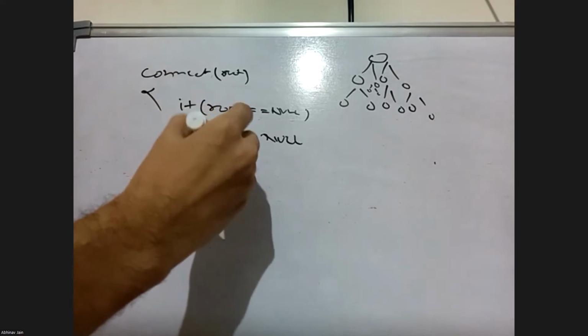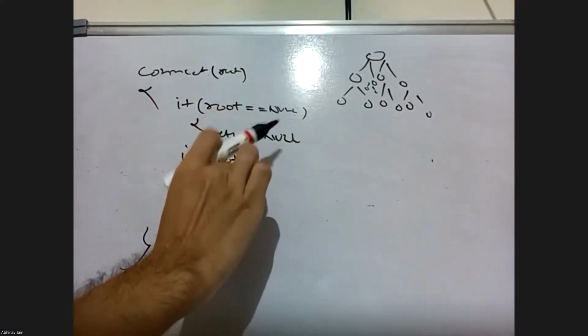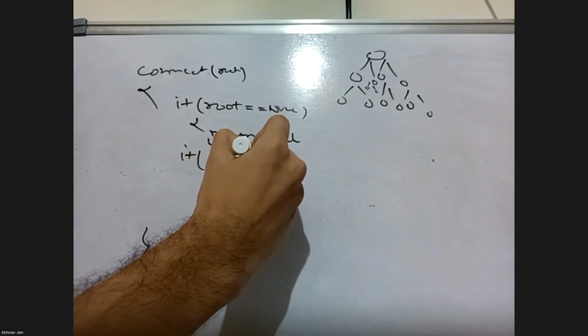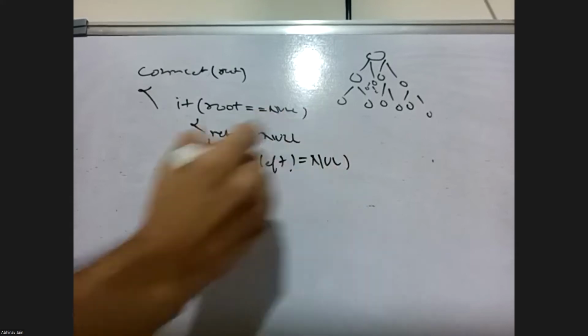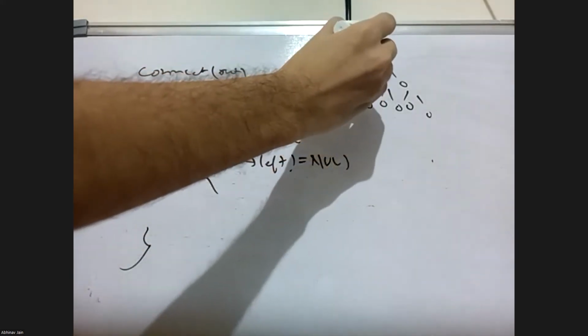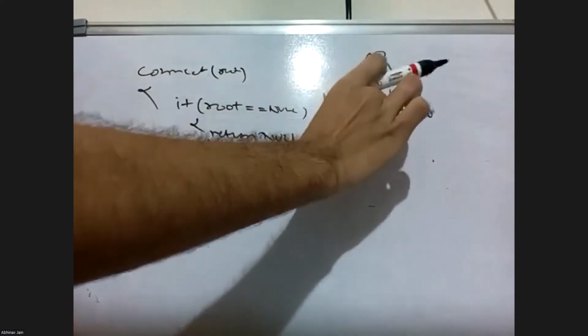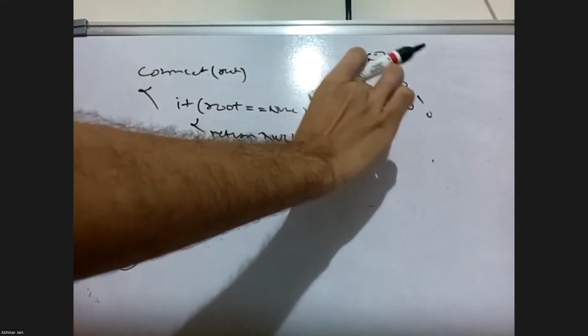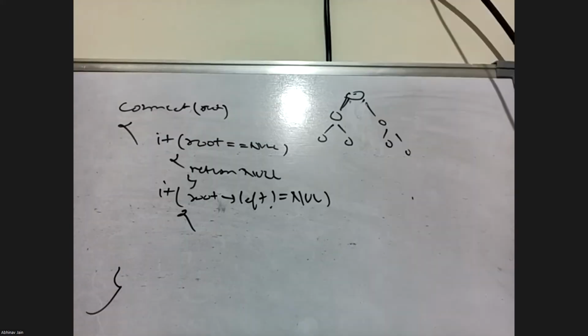Okay. So if root's left is not equal to null, what should we do? This is the root. We have come here. I need a bit more children than required.